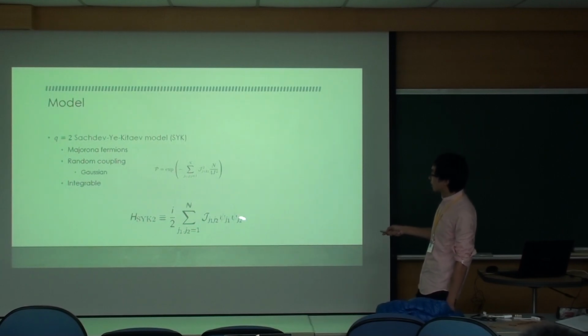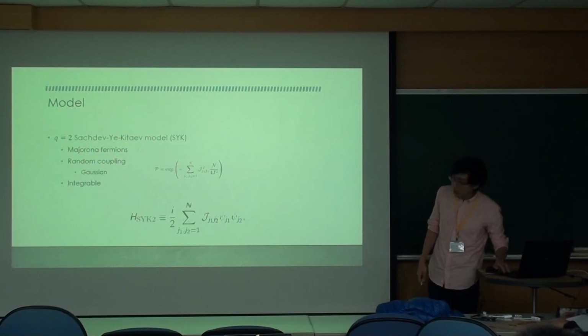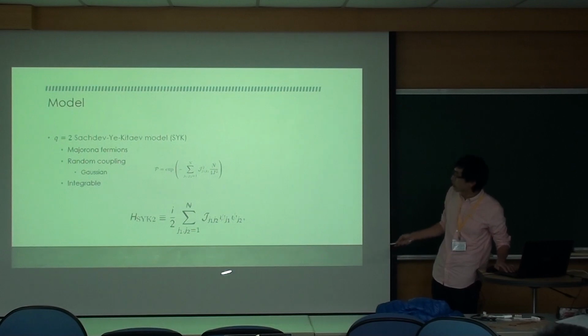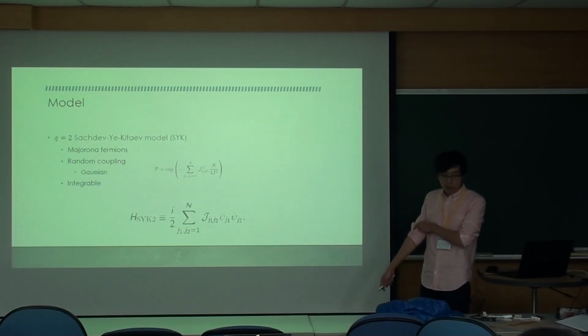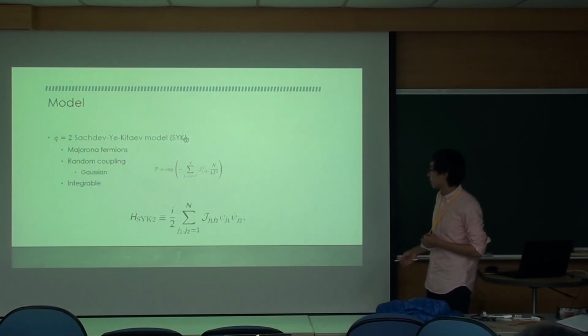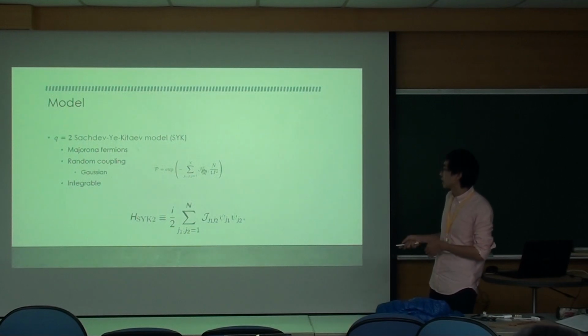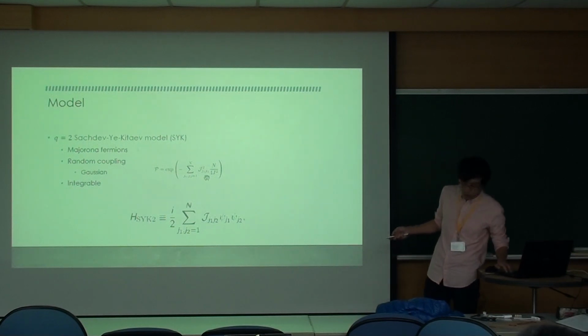Since we know it is bilinear in fermions, it can be exactly integrated out in the path integral. So this system is integrable, which is supposed to be non-chaotic. But then if we look at what we believe to be a good measure of how chaotic the system is, such as the spectral form factor, we will observe something interesting.